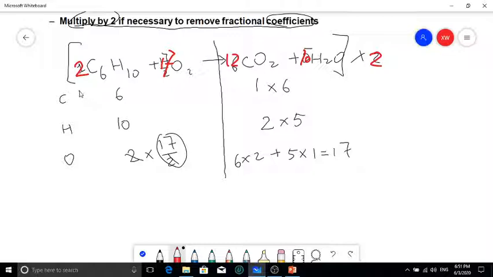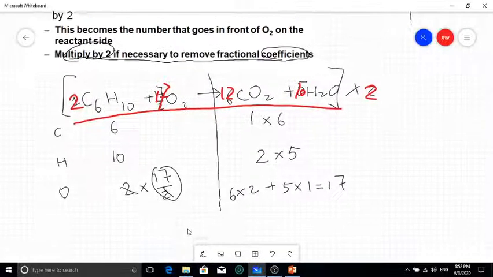Now this equation is still balanced, except that you have twice of everybody. You have 12 carbons, 20 hydrogens, and, I'm sorry, 34 oxygens.